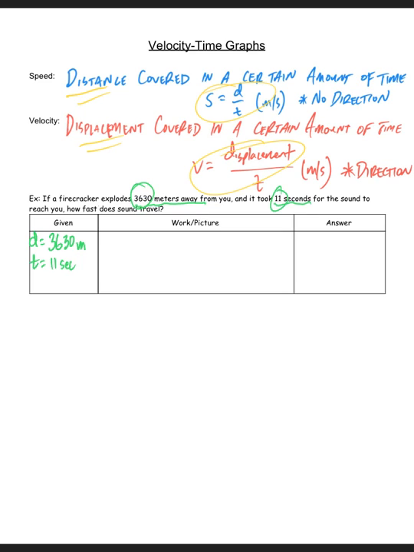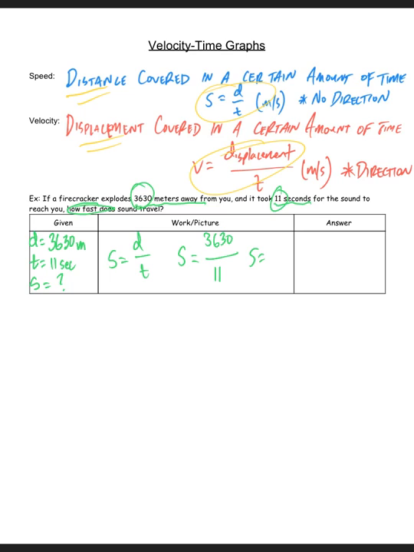It says how fast does that sound travel? So we're solving for speed or velocity. Now our formula is speed equals distance over time, so I'm just going to plug in my numbers. Speed, what we're solving for, equals distance, 3,630, divided by time, 11 seconds.